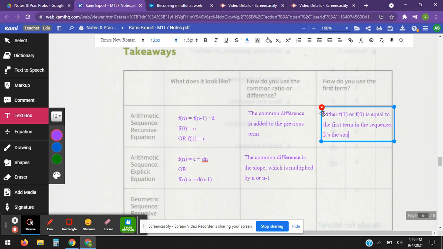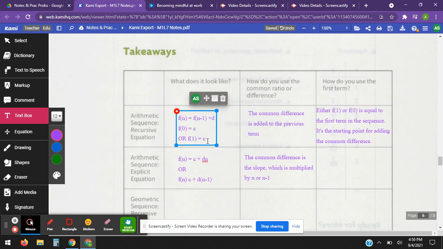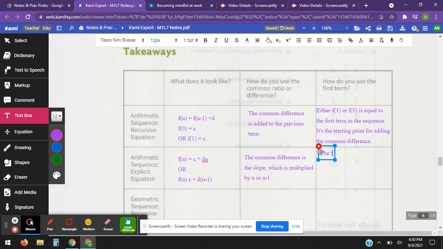It's the starting point for adding the common difference. So we either start here, and that's what we use to add to our common difference. So for our explicit equation, the first term is c in the equations. So we just have it as our starting point here. It's the starting point plus what we are doing over and over.